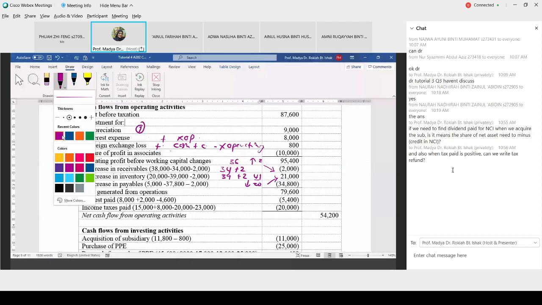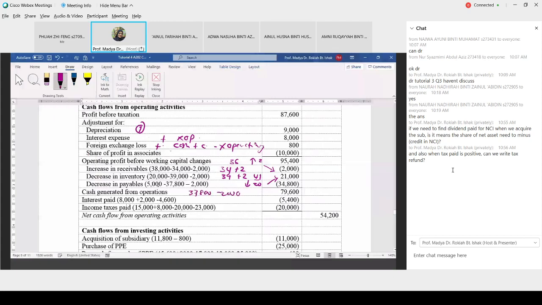This one is acquired, sorry, acquired means that you need to plus it. Plus, you're going to have 39,800. So 39,800 minus 5 here means that there is a reduction, because the ending balance here is only 5,400. So this is 34,800.